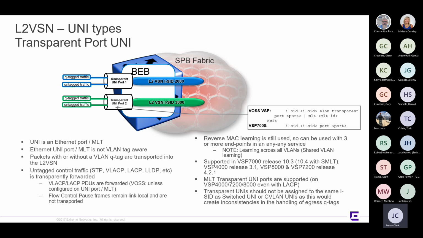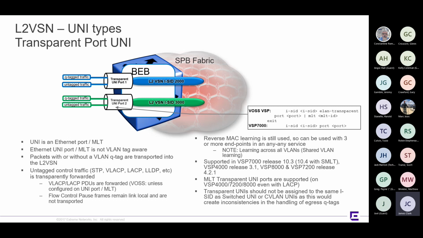That need to transport from one terminal to another across the airport's fabric. So this is how they do it. They use a transparent UNI, send that traffic across the network. Nobody sees the traffic from end to end. It is hidden, so that client feels comfortable knowing that his traffic's not going to be hacked somewhere in the middle. So, kind of a cool concept when you think about it.